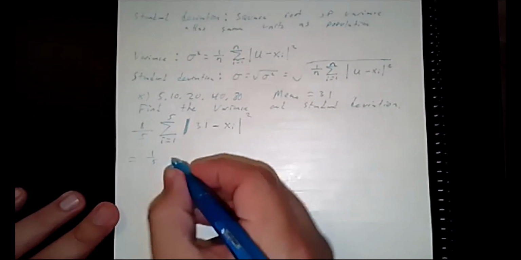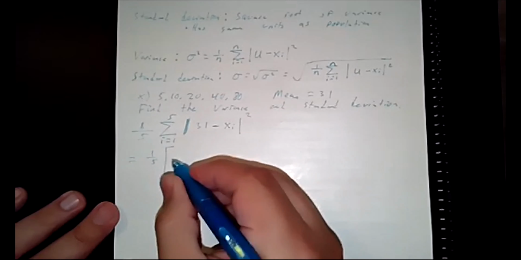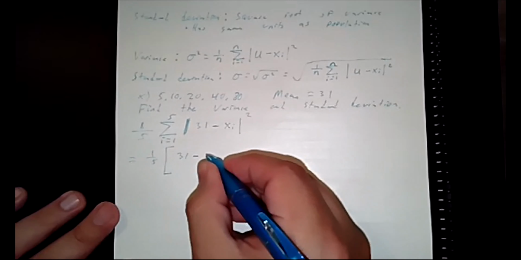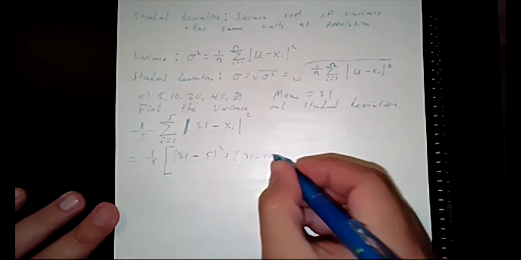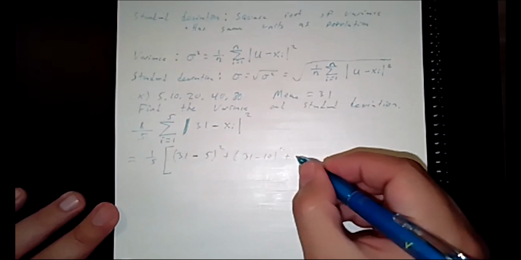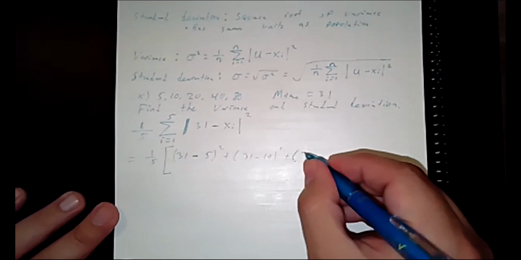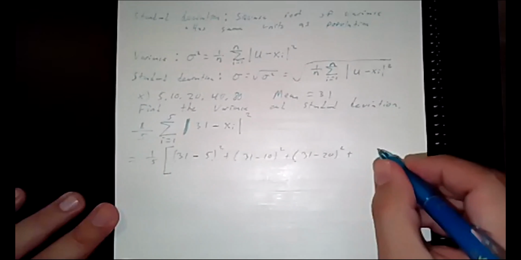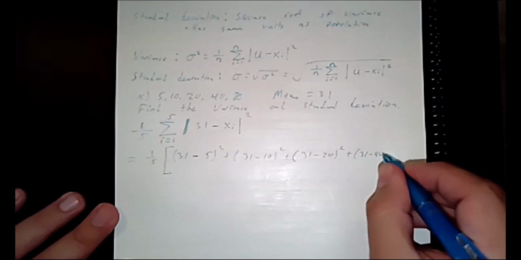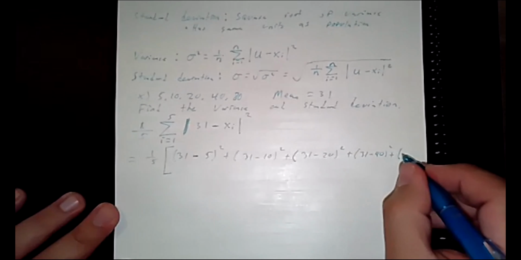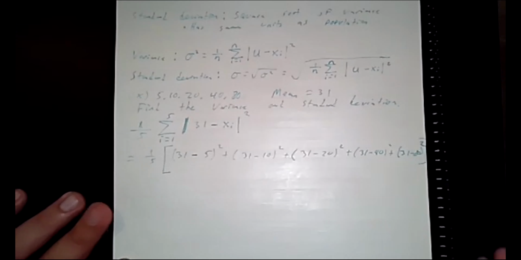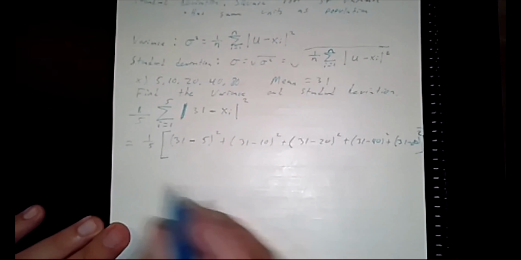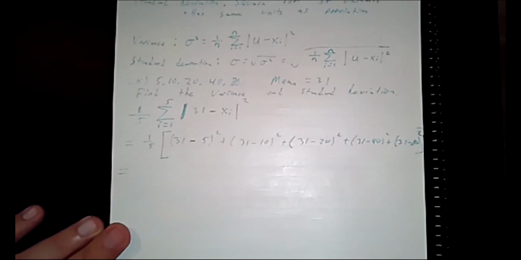So that would be 1/5, put big brackets here, of 31 minus 5, plus 31 minus 10, plus 31 minus 20, all the way to my last data point. So just add these all up.